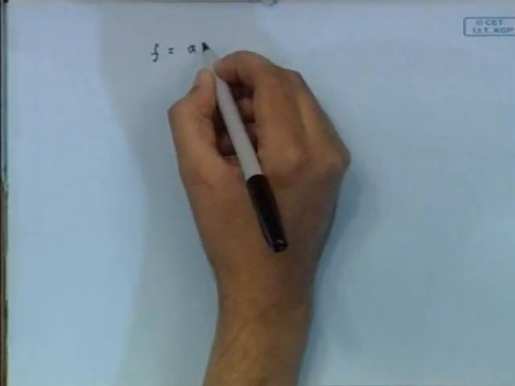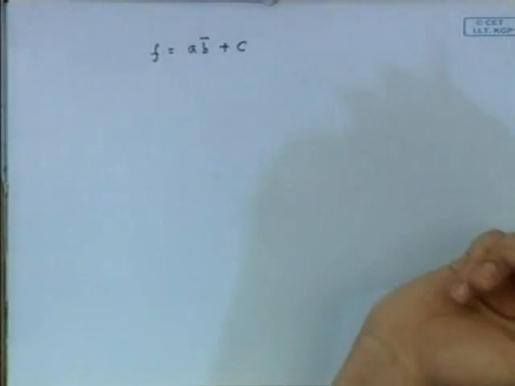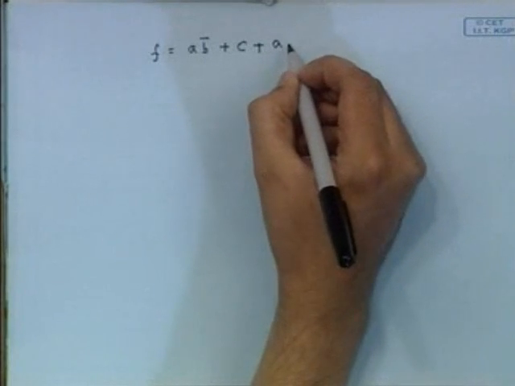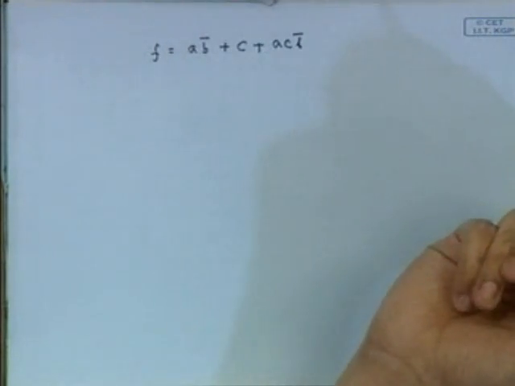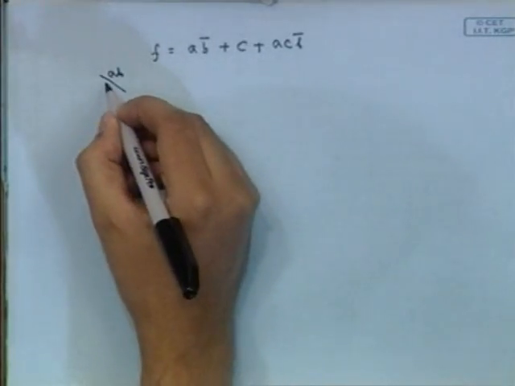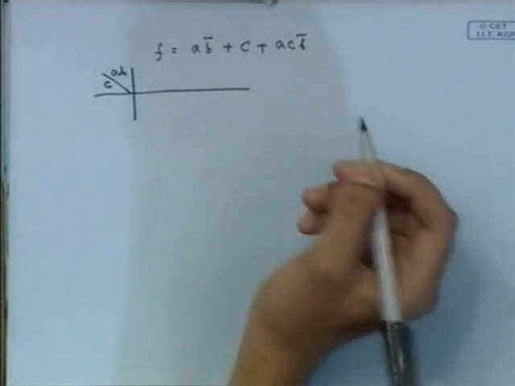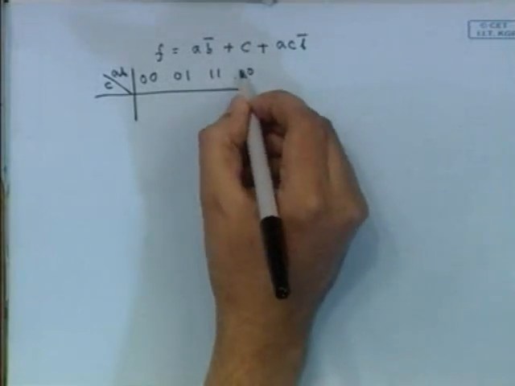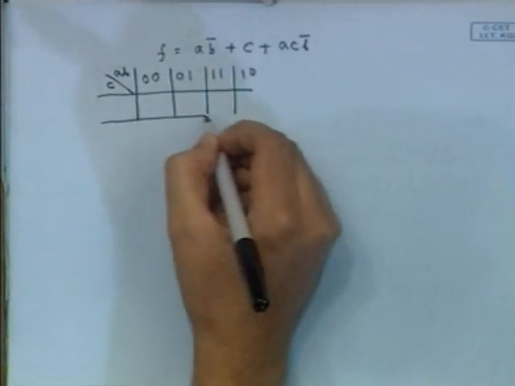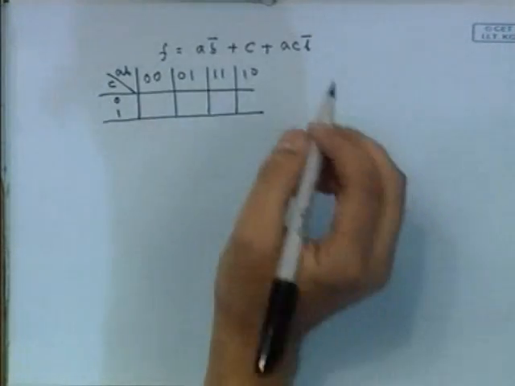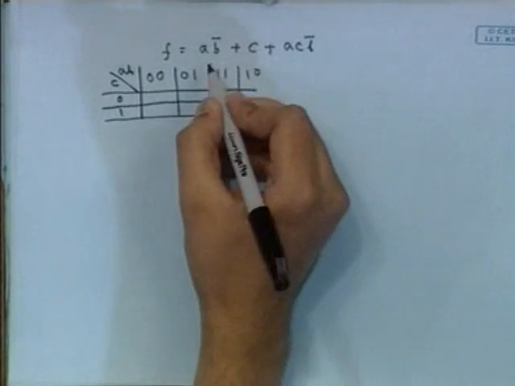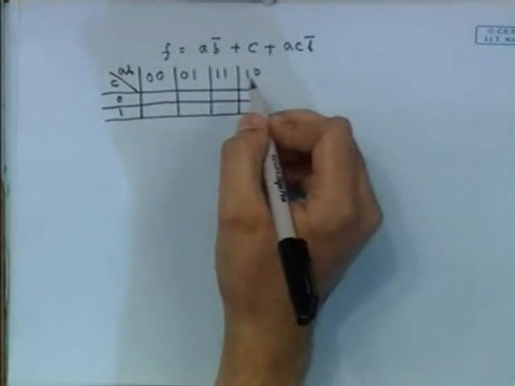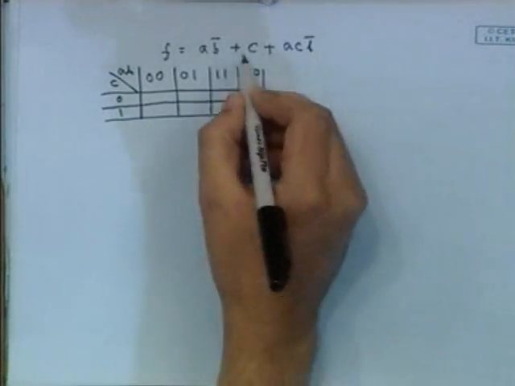and we'll try to cover them using cubes. Suppose, for example, this is the f, then we can have a Karnaugh map corresponding to this. We will cover the min terms.